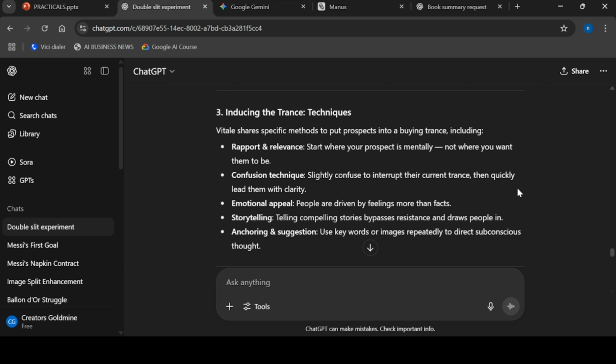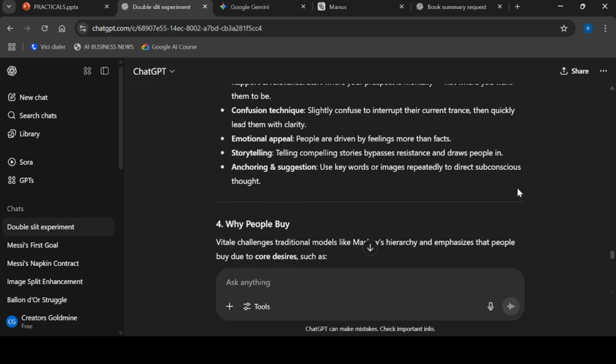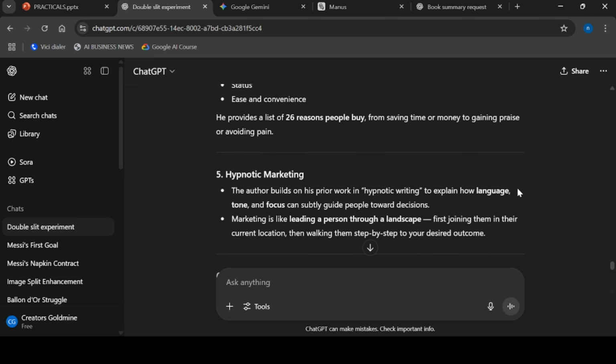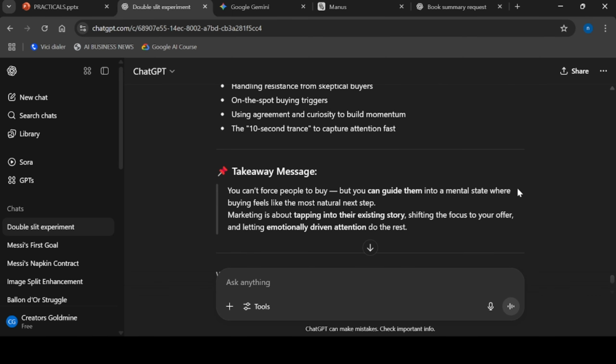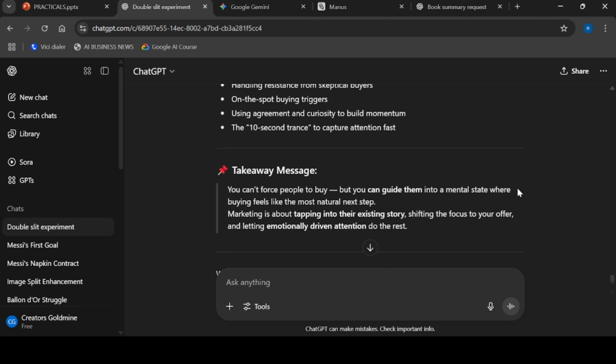Three, emotional appeal. People are driven by feelings more than facts. Four, storytelling. Telling compelling stories bypasses resistance and draws people in. Then anchoring and suggestion. Use keywords or images repeatedly to direct them. So I've not read this book, but you don't expect me to go through all this now.